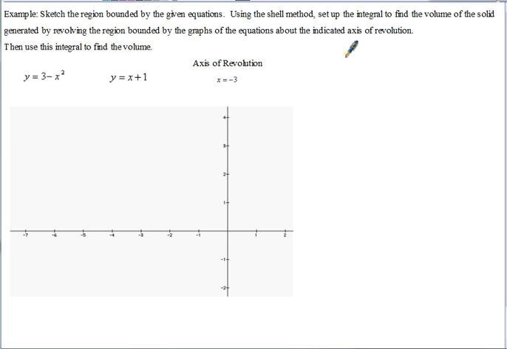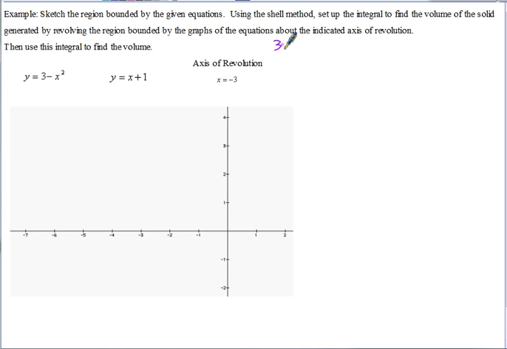So now let's look at revolving around things besides just the y-axis. So we're going to revolve around x = -3. And on this one, you can really do without your calculator. If you just set these equal to each other, or you can just sketch the graph either way.